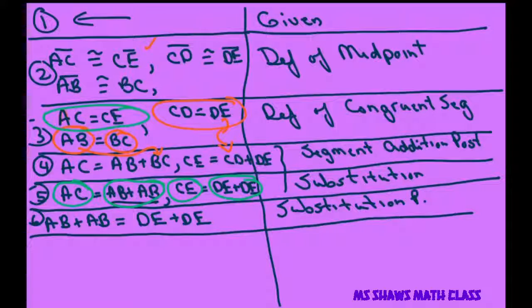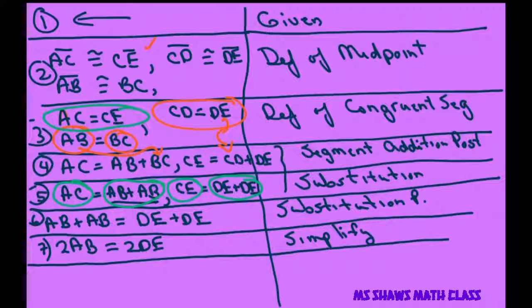Number 7 is that I'm going to simplify, and I'm going to get 2AB equals 2DE. I'm just adding these up, and this is called simplify. And then finally, once we have that, we can write AB equals DE.